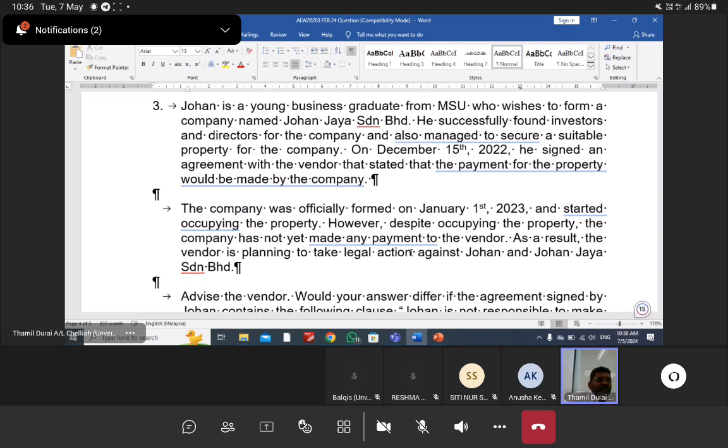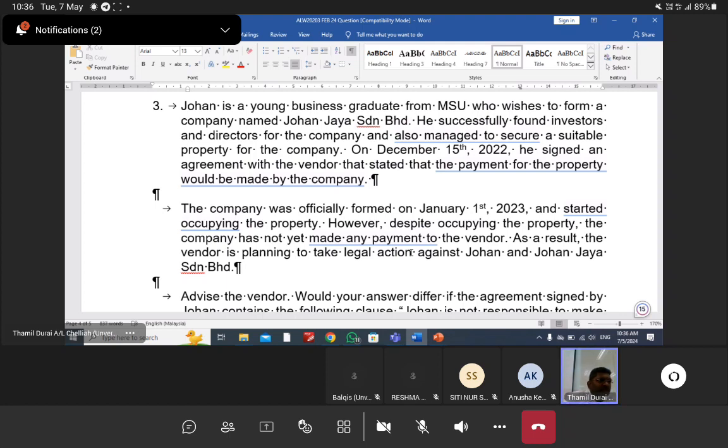So what proves or justifies that there is an implied ratification? The company occupying the property indicates that they have impliedly ratified. The question the court will ask is, if you had not ratified, then why did you go into the place? Why are you doing business from the place the promoter got for you? Similarly, if the promoter bought a vehicle and the company failed to ratify, then why did the company utilize the vehicle?